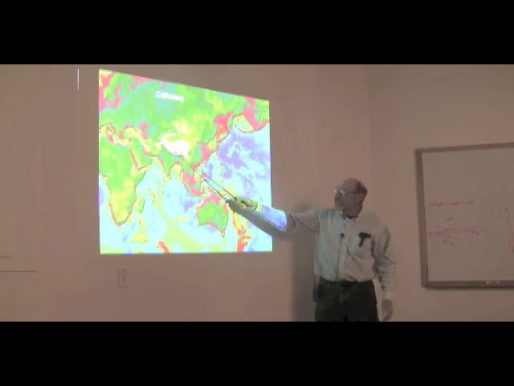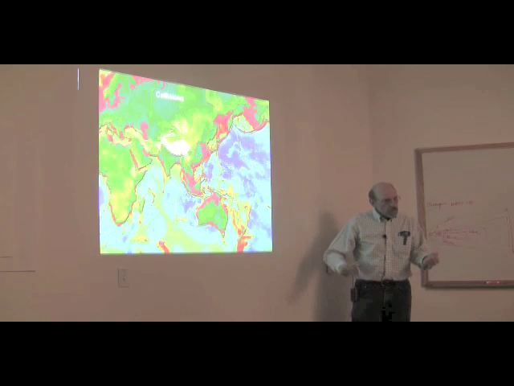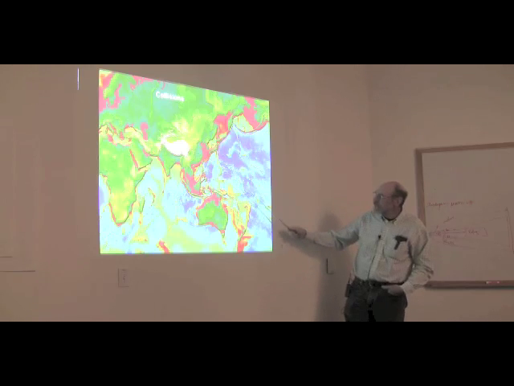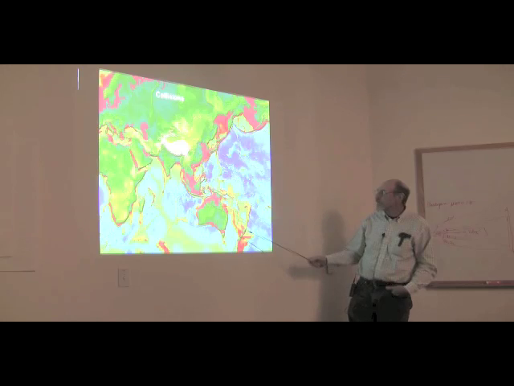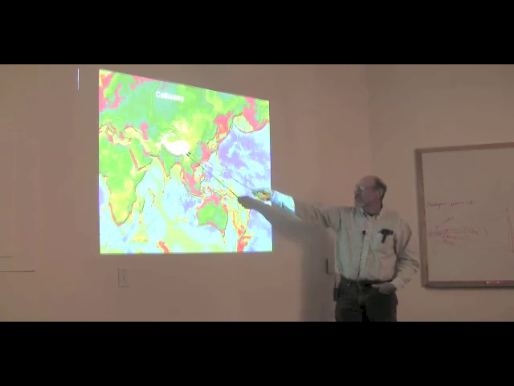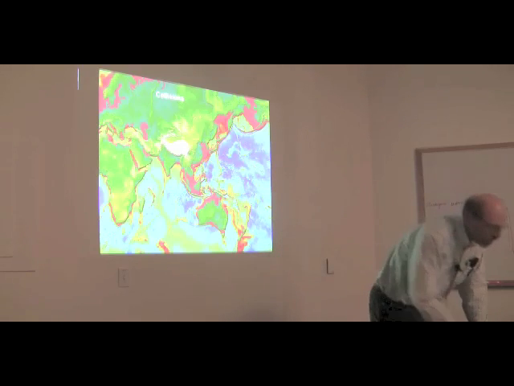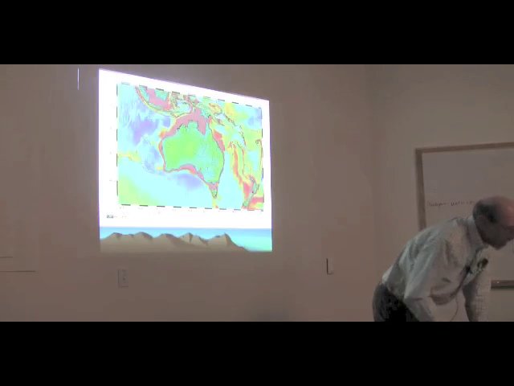In the early stage of this collision, there were a lot of things that were added from the oceans, and you can see that process now here off of New Guinea, a very similar process that not necessarily was exactly like this, but more like the Western North America.